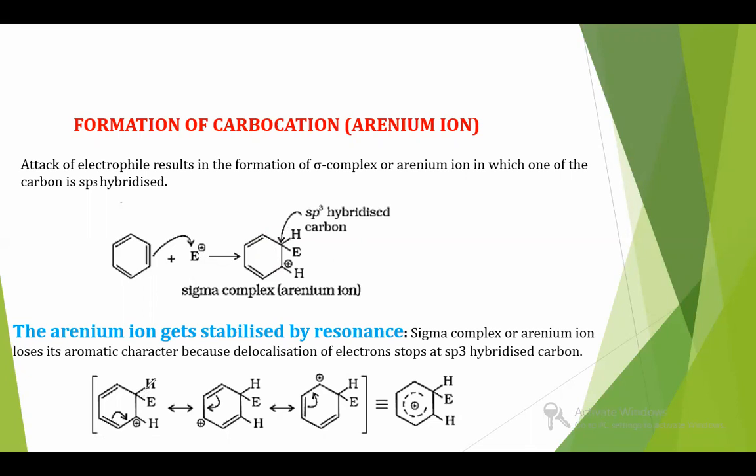If the electrophile attacks this carbon, the carbon has three bonds and one electron is donated, so the electron density decreases and the carbon forms a positive charge. To satisfy the valency, this electron shifts here.